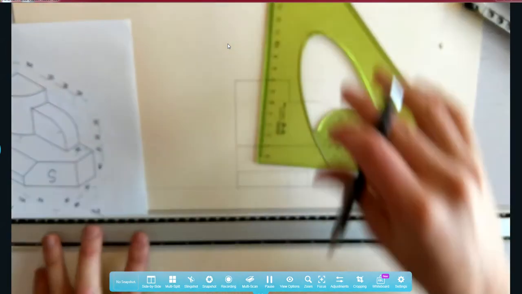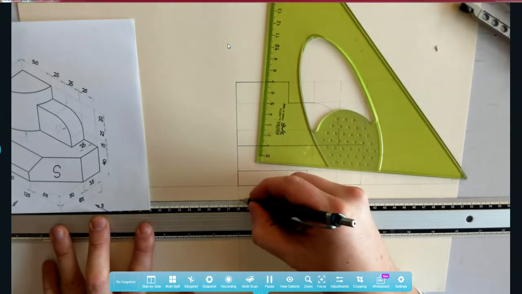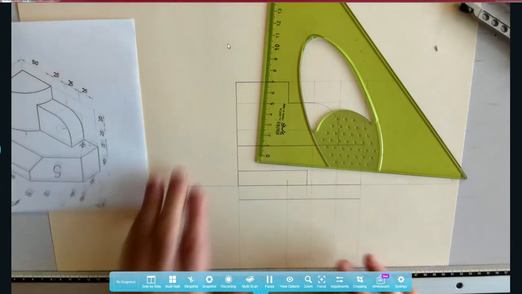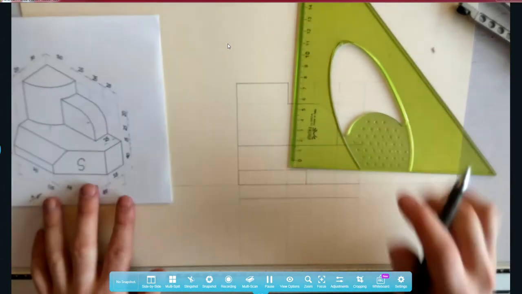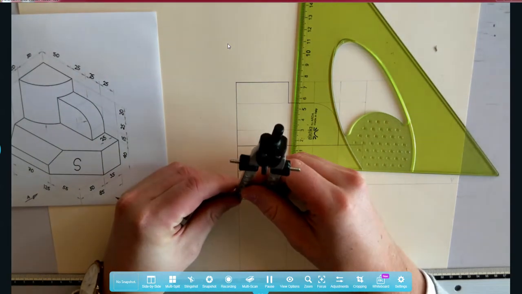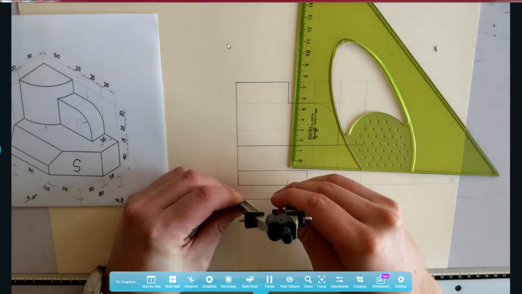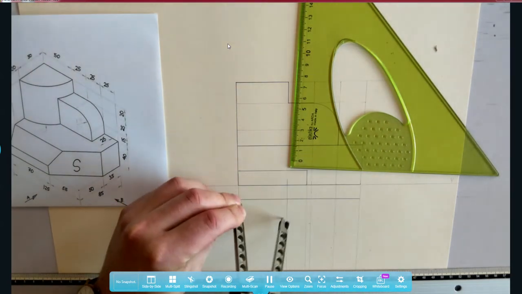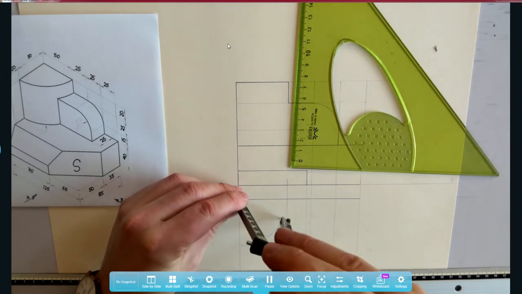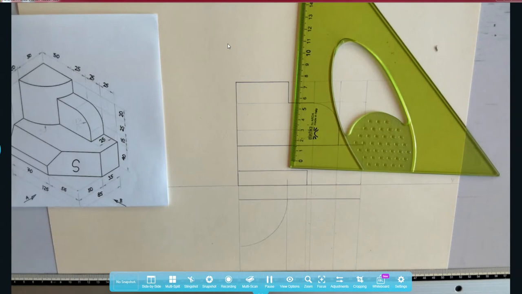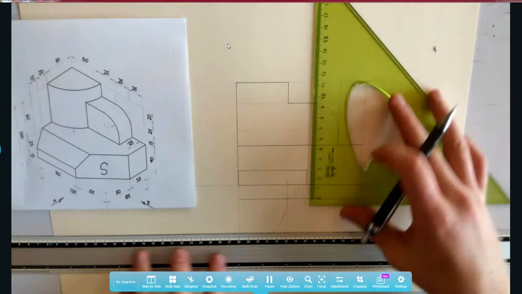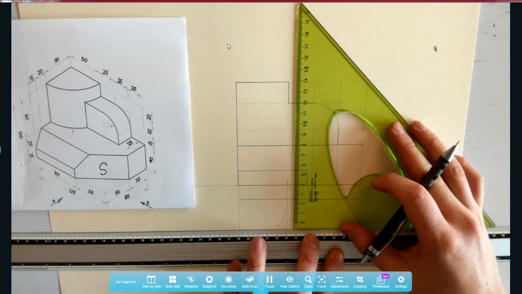I'm going to leave a 15mm gap between the elevation and the plan. Okay, and we can start drawing the plan here. So we know we have a 50mm circle here, and a 25mm section coming out here.